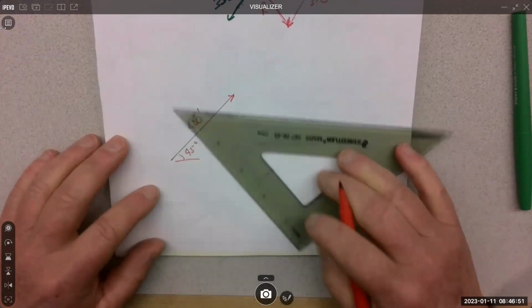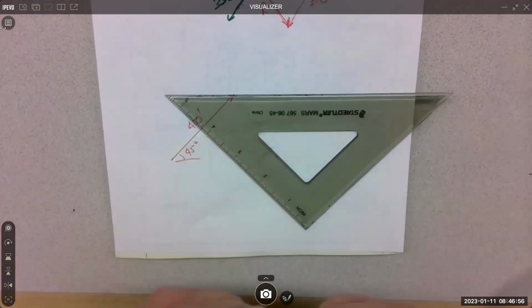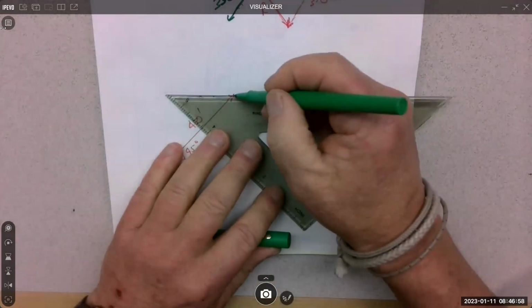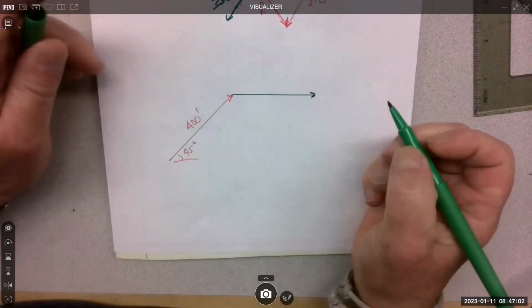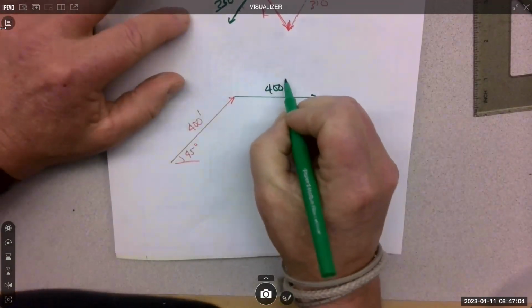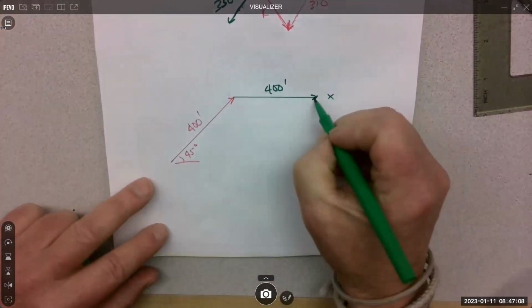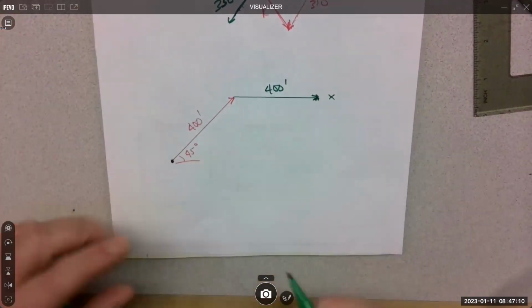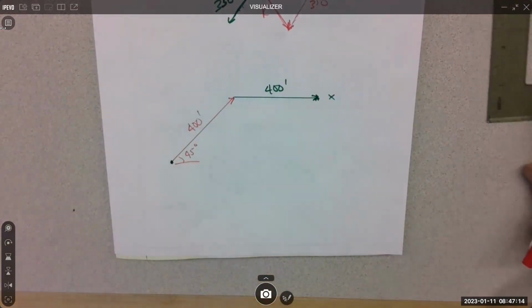So this hiker walks 400 feet at 45 degrees and then walks 400 feet along the x-axis, and I'd like to know how far from the start they are. A little bit like one of your homeworks you're going to have.